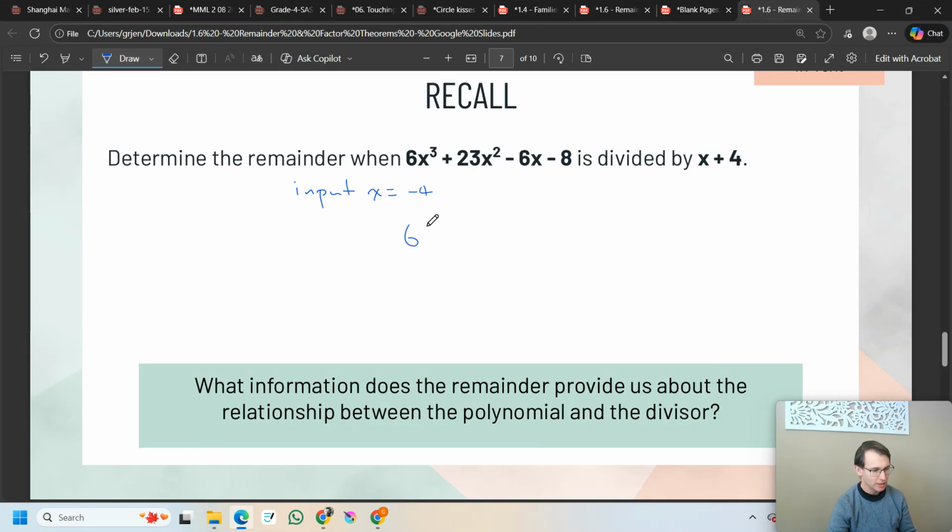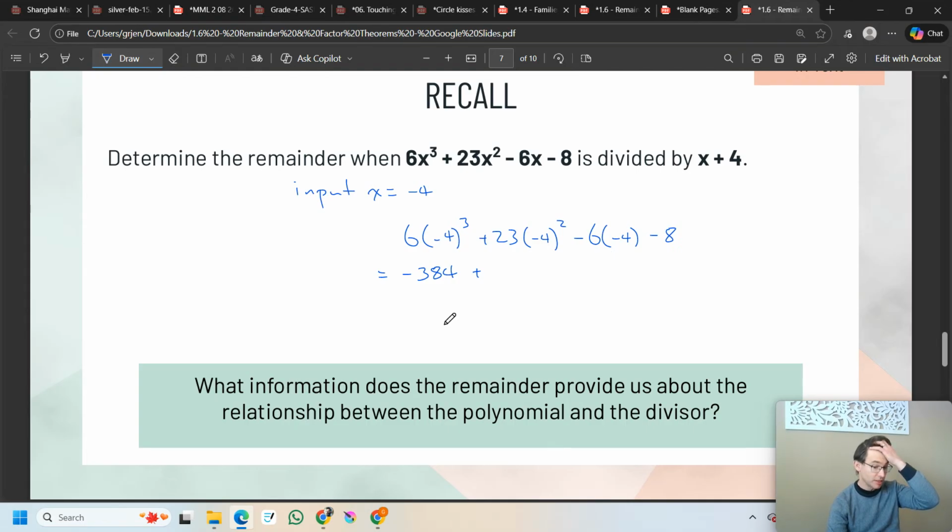So we have 6 times -4 cubed plus 23 times -4 squared minus 6 times -4 minus another 8, which is equal to, this is 6 times 64, but it's negative, so that's going to be negative. 64 times 6 is 384.